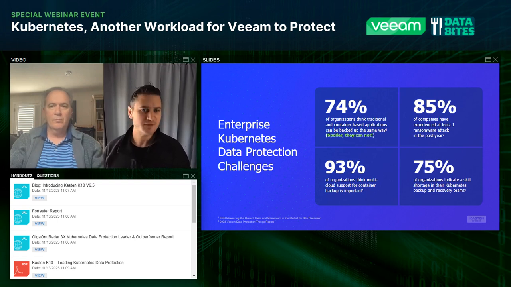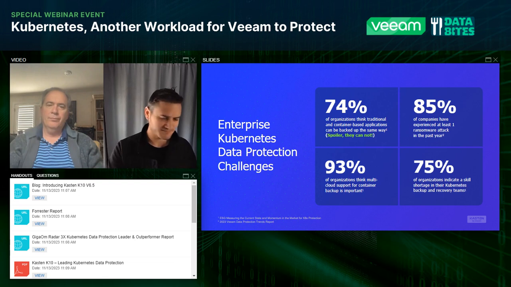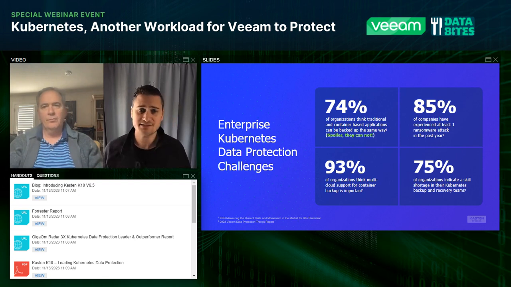If they could, Veeam wouldn't have had to purchase Kasten or worry about Kubernetes native backup, because we could just snapshot VMs like we traditionally did and call it a day. Or even just copying data from one disk to another, if it was that easy, it would be great. But fundamentally, the architecture is different, so we have to think of data protection differently when we're looking at Kubernetes.